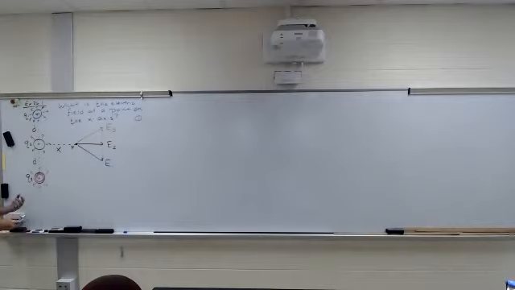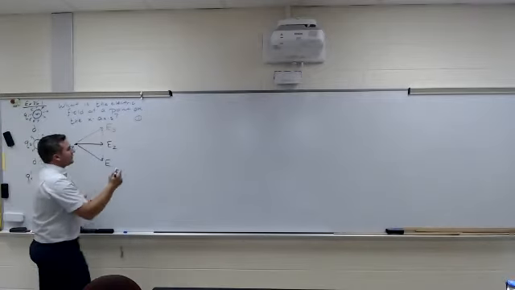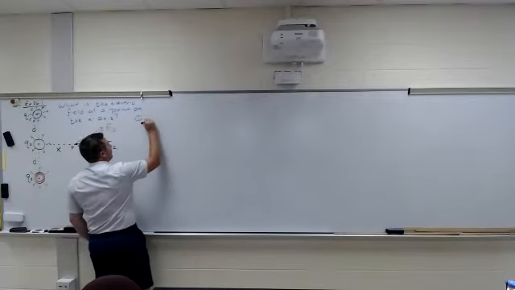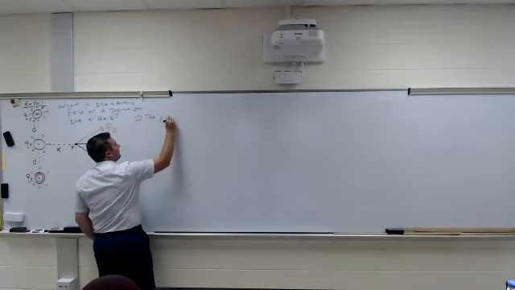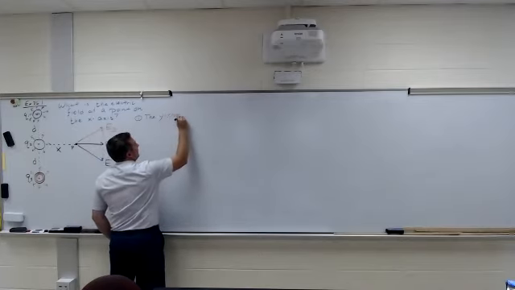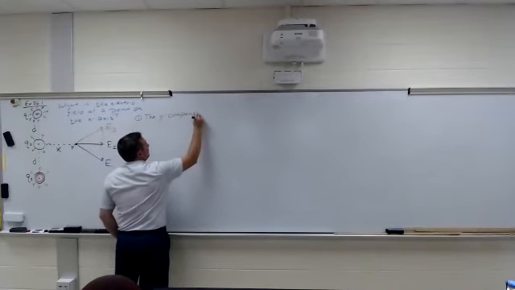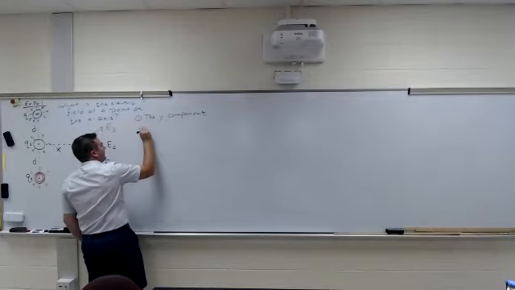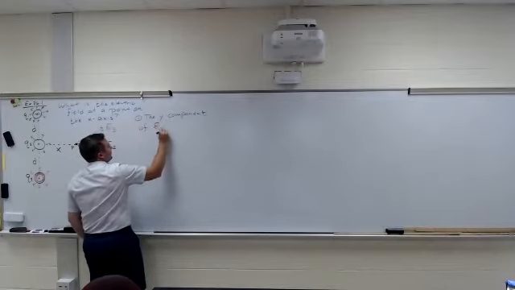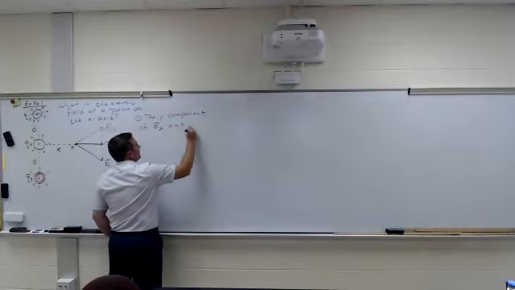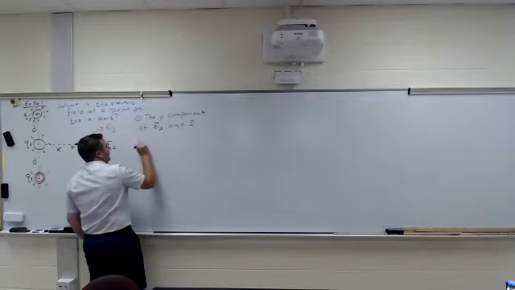And if we have vectors that are equal in opposite directions, they cancel out. So the y component of the electric field from 3 and the electric field from 1 cancel.